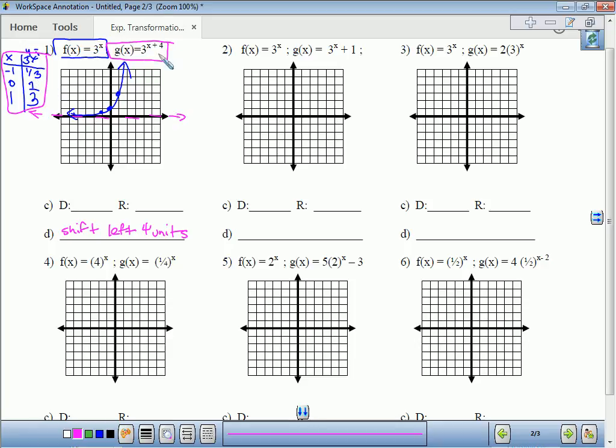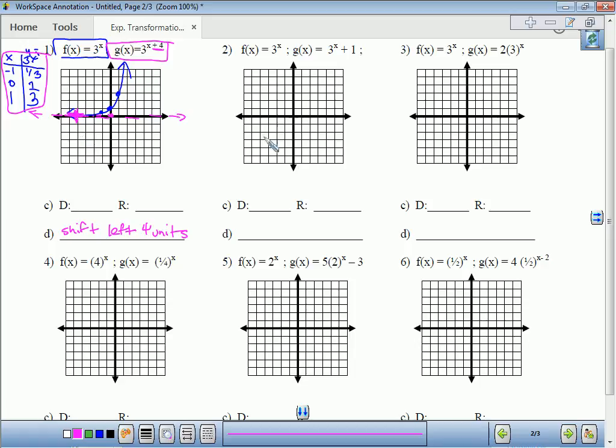So what we do is we go, all right, because of this transformation, I'm not going to start graphing here at the origin. I'm going to start graphing 4 units to the left. 1, 2, 3, 4. I'm going to start graphing, and I always put a little crosshair right there. This is my new starting point for this function.